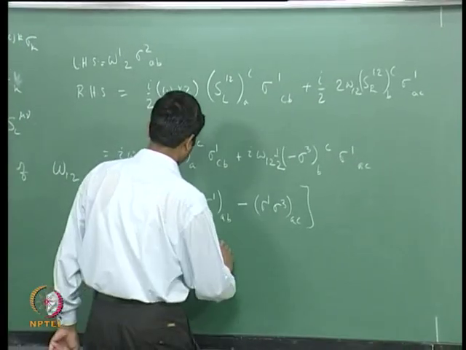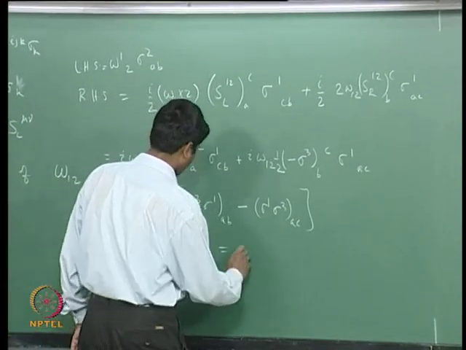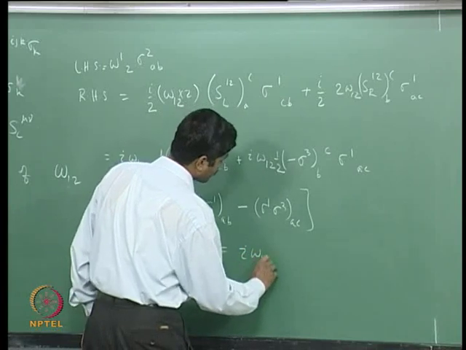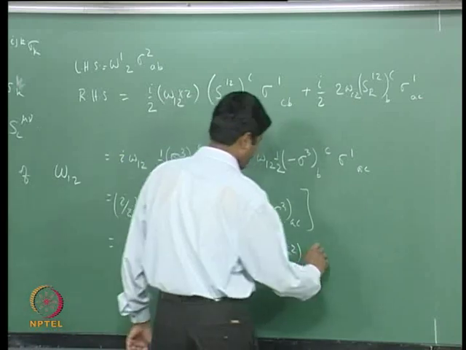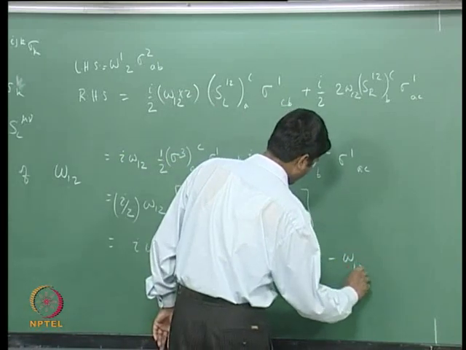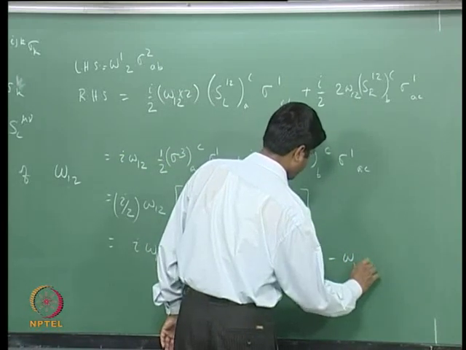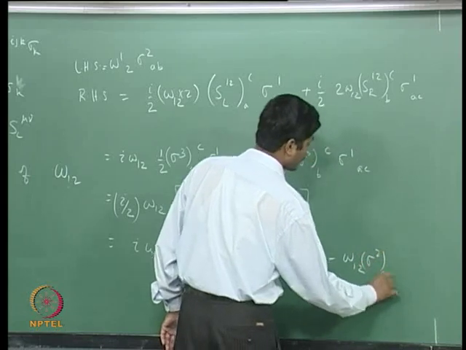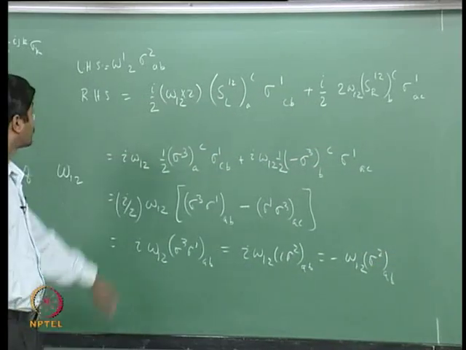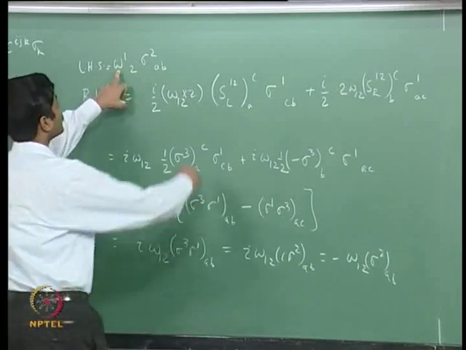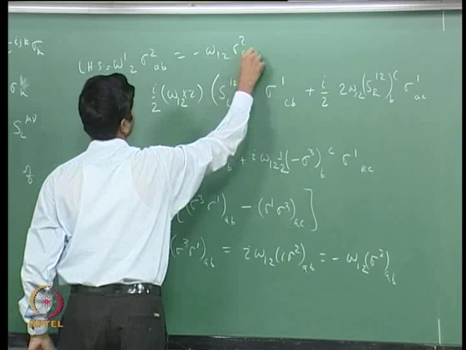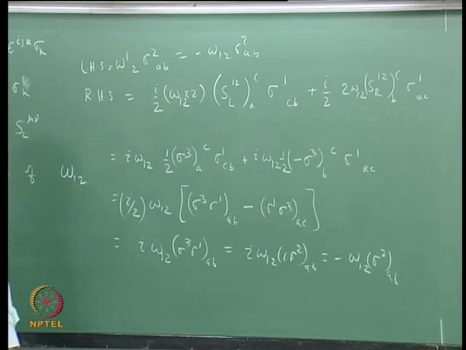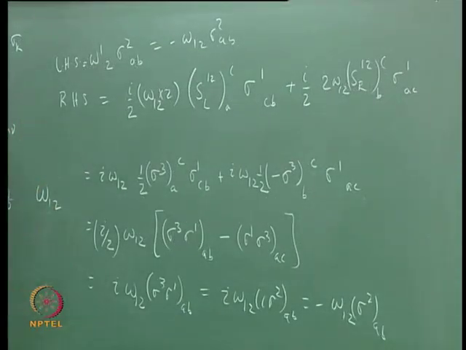So, this is just I omega 1 2 times I sigma 2 of AB, which is minus omega 1 2 sigma 2 of AB, all right. So, you see that both left and right hand side match.